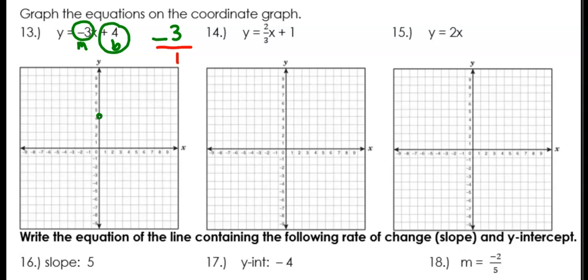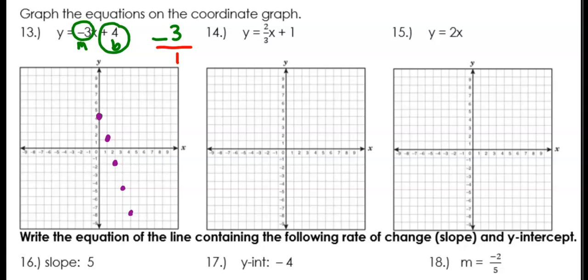So from my initial point, starting here, I'm going to move down 3, 1, 2, 3, and right +1. So the change in y is down 3, and the change in x is 1. And I can repeat this as many times as I fit on the graph. Additionally, I can also reverse it.